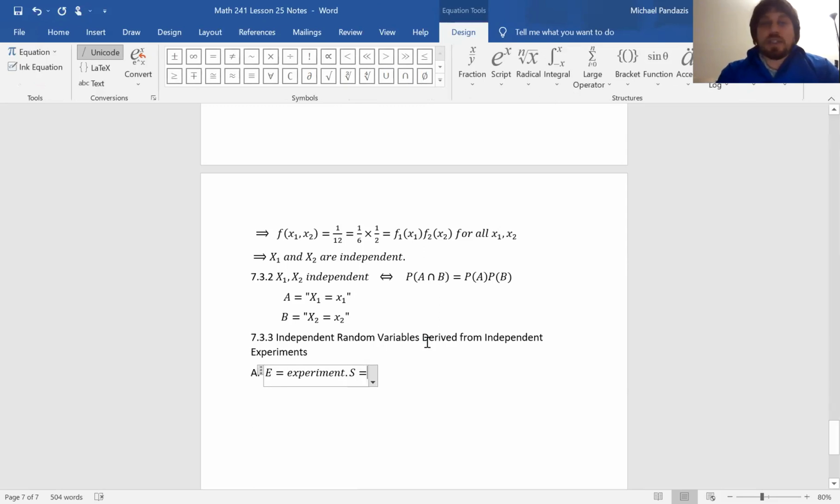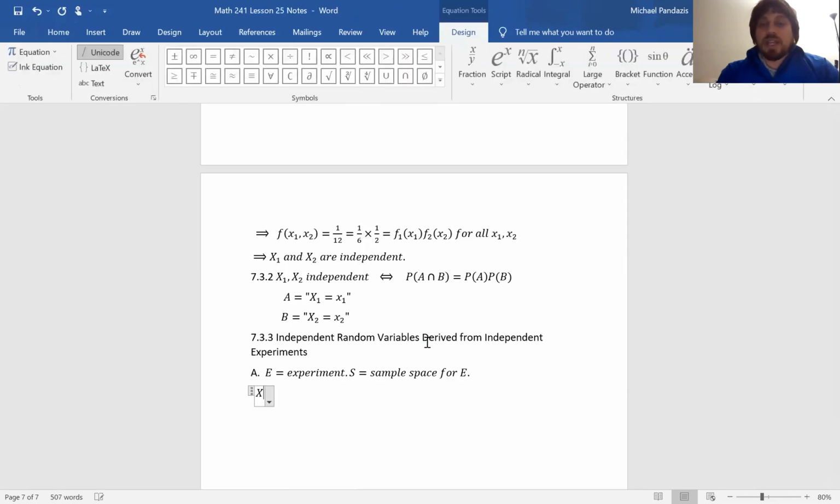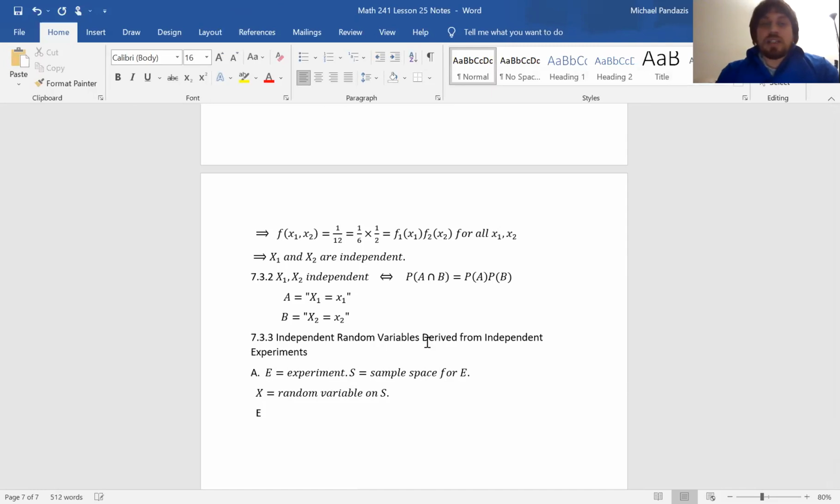S is the sample space. X is the random variable on S. Experiment E is repeated n times under identical conditions.